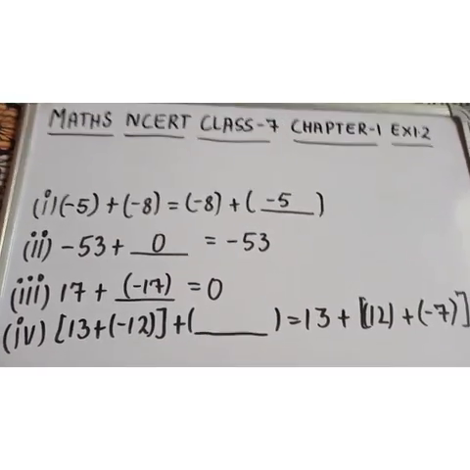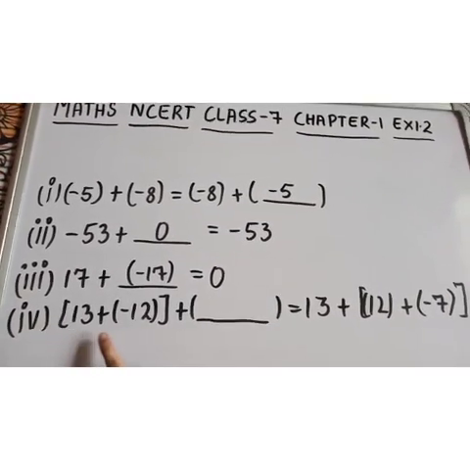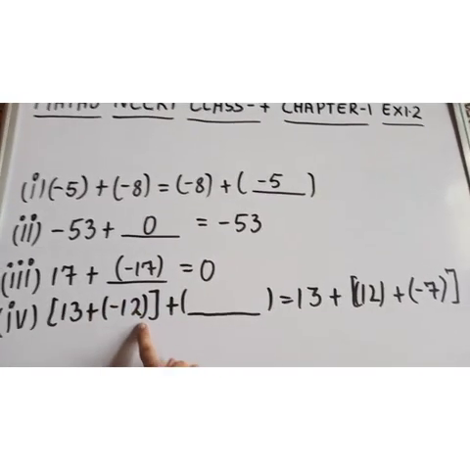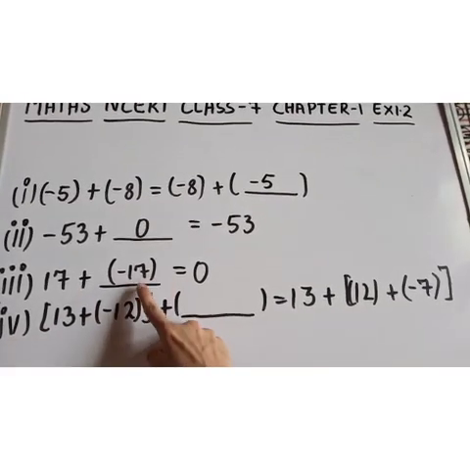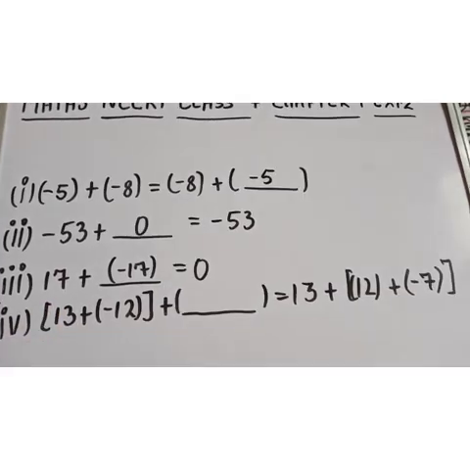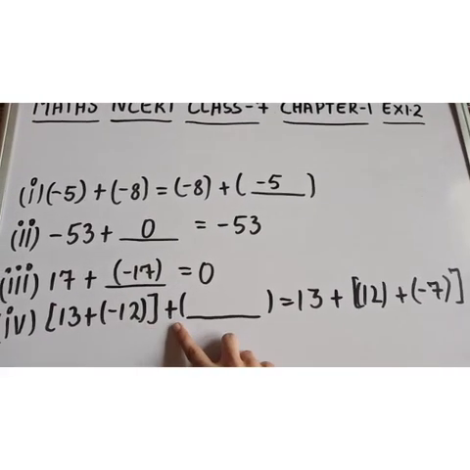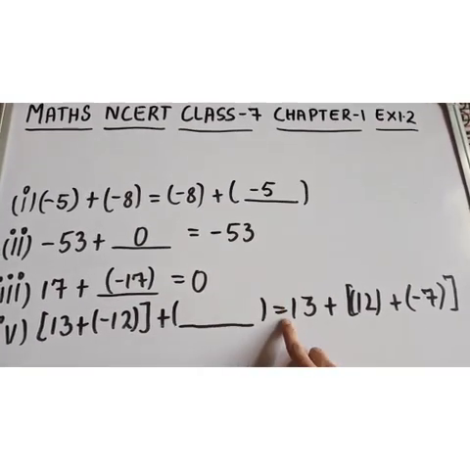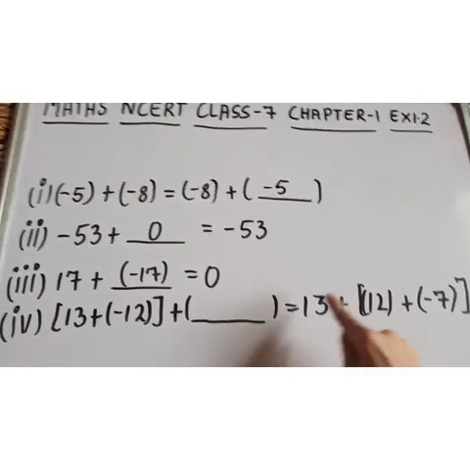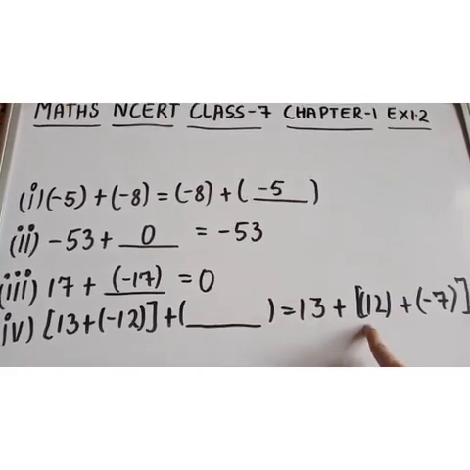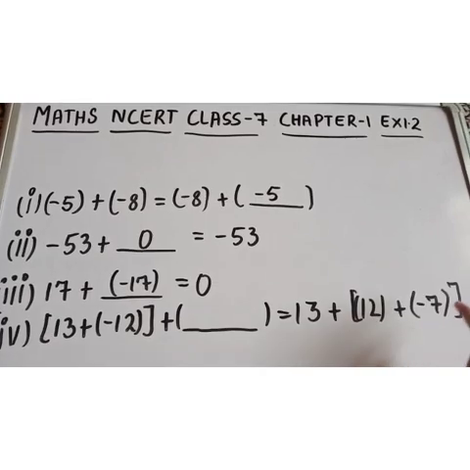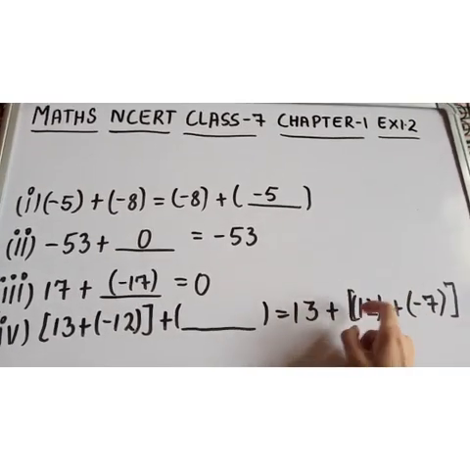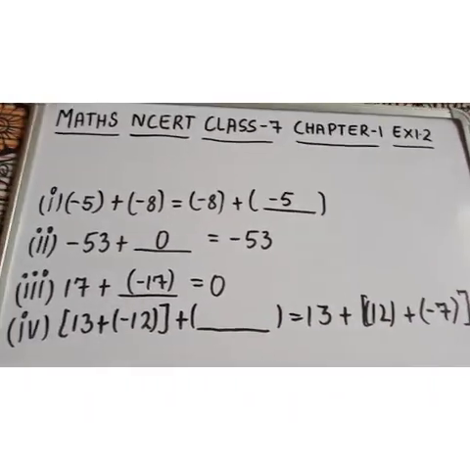So the fourth part is 13 plus minus 12. They are in the bracket. This big bracket is there. Plus dash equals to 13 plus 12 plus minus 7. Again they are in the bracket.